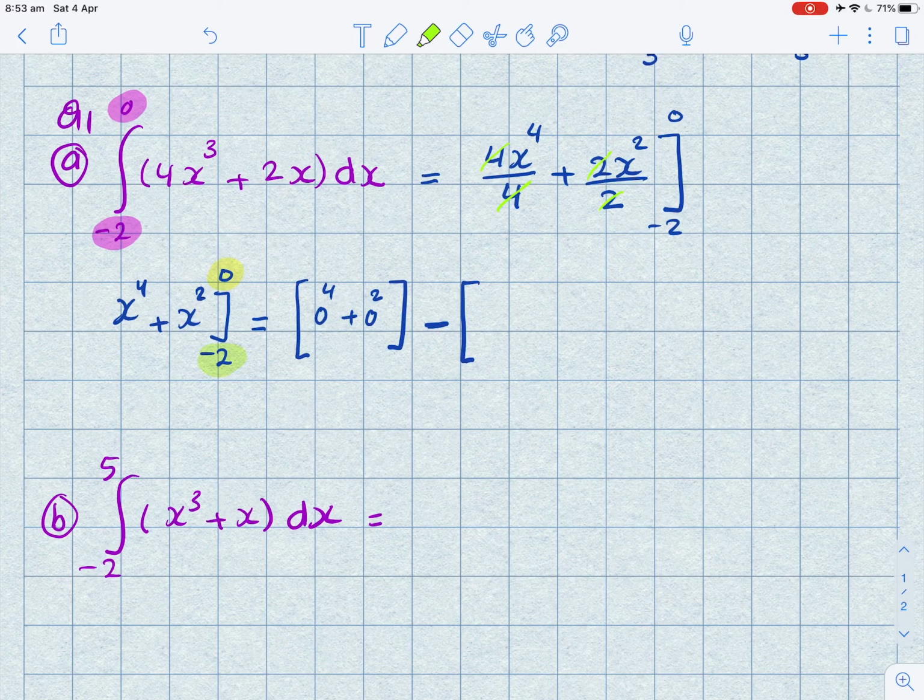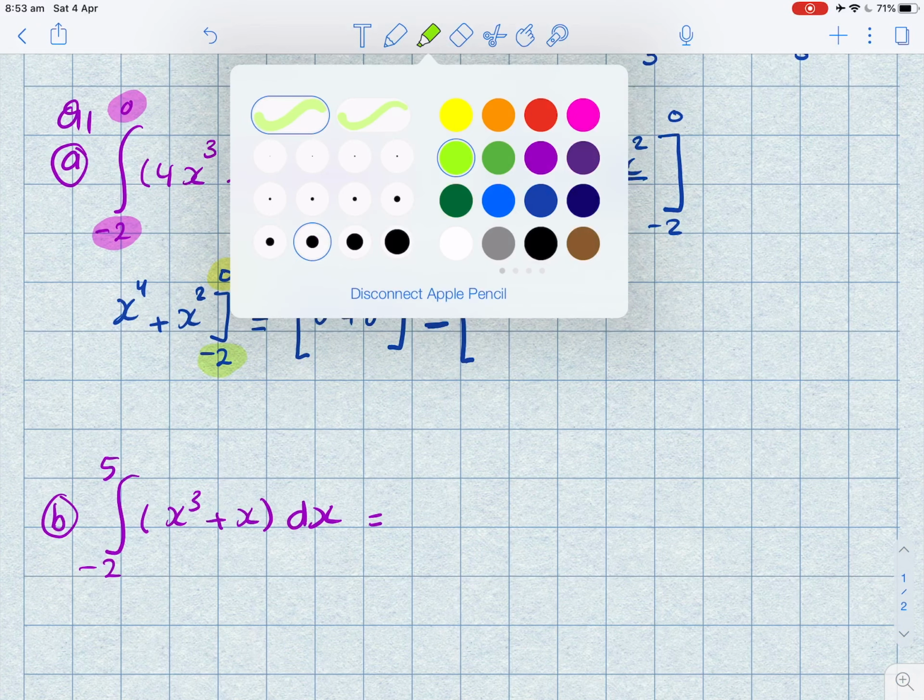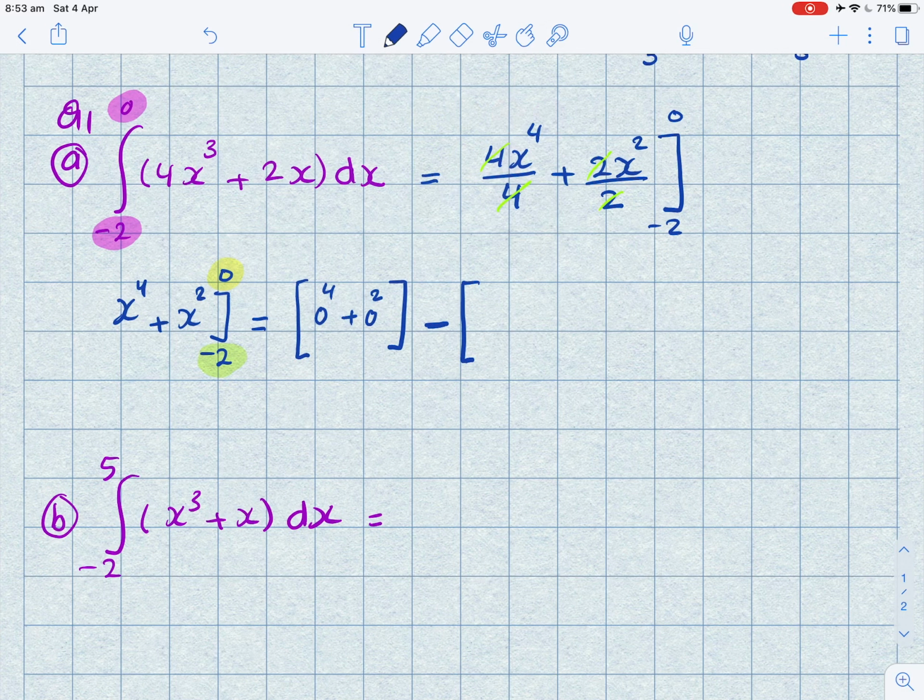So this is going to be minus 2 to the power 4 plus minus 2 squared.